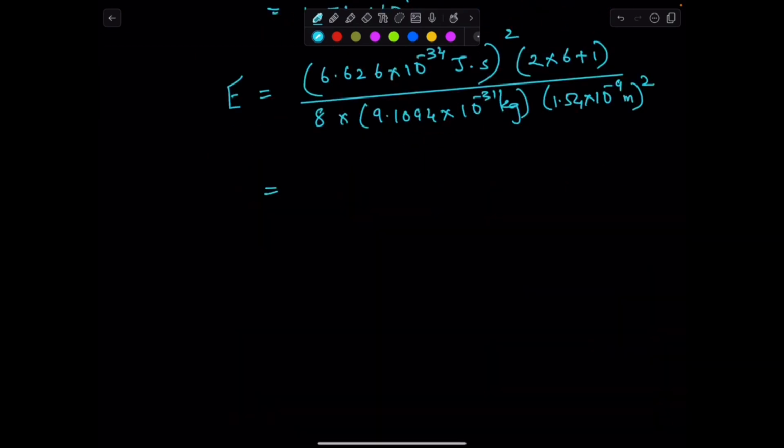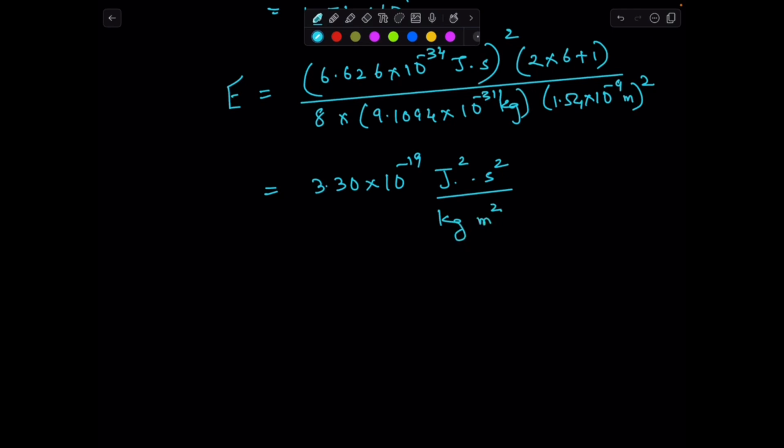Solving for this gives us joule squared second squared over kilogram meter squared. Okay, let's look at the units.